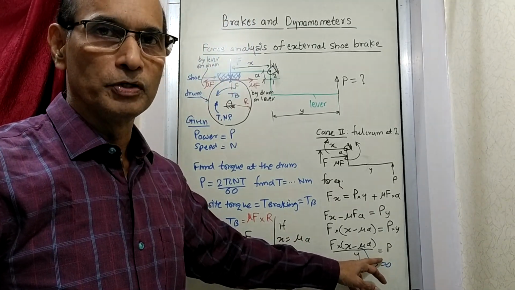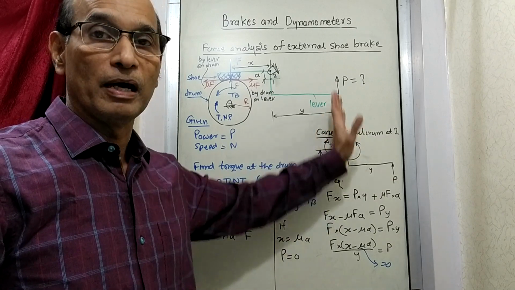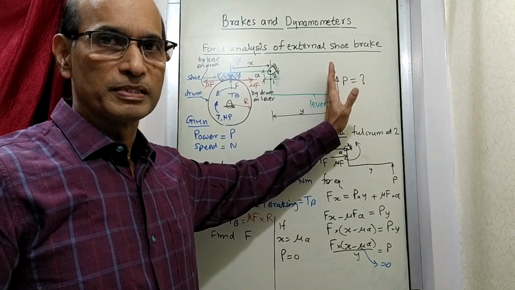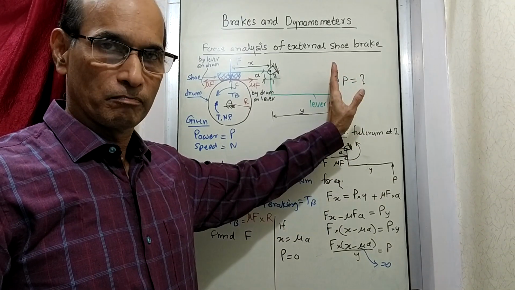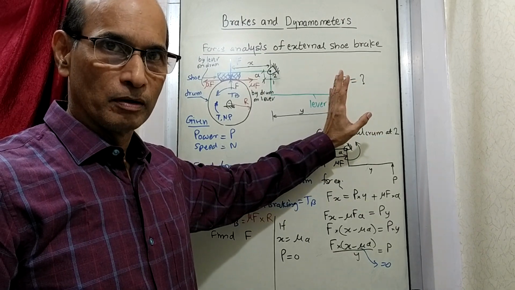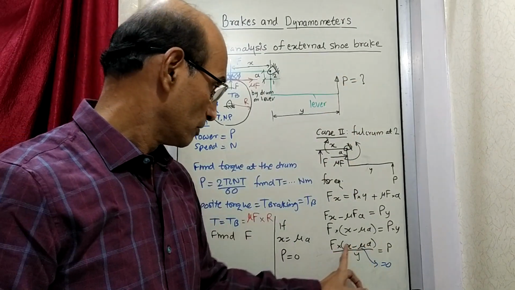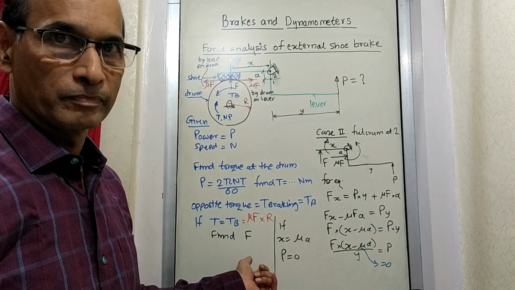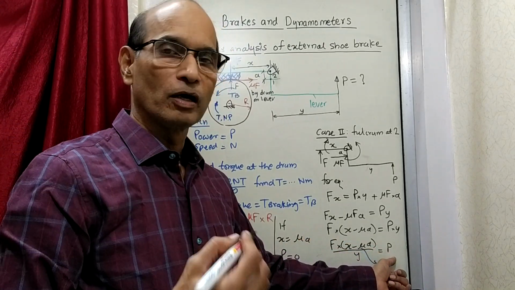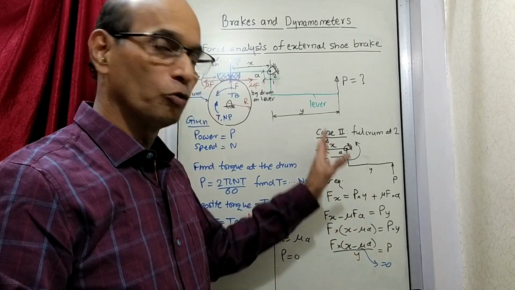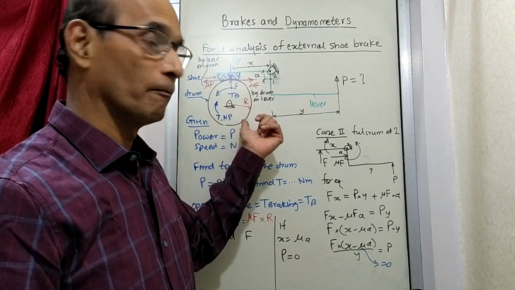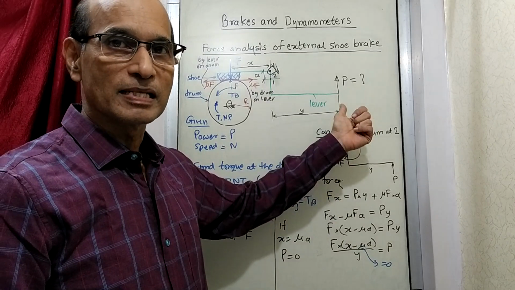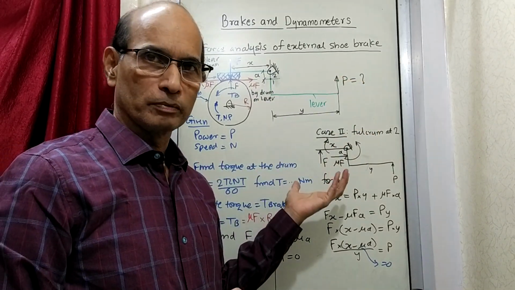What is the meaning of P equal to 0? P equal to 0 means you don't have to apply effort. Which means that without applying any effort, still the brake is applied. What we have done is to find out how to stop the drum, how much P is required. So it says P is 0, still you can stop the drum.